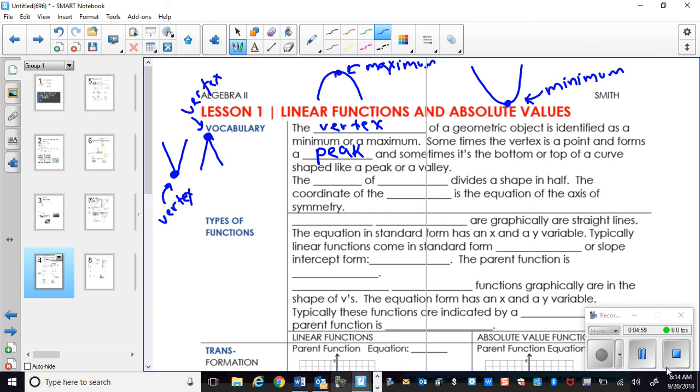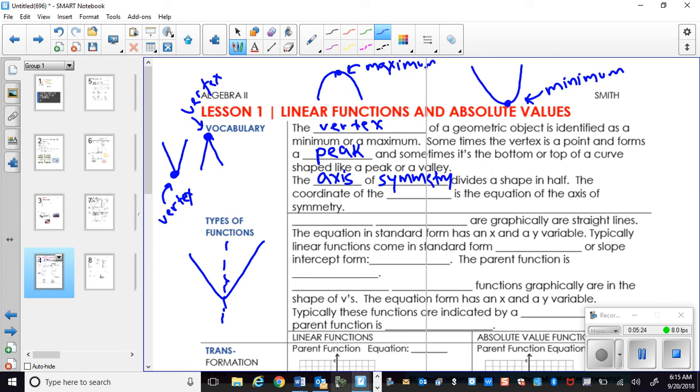Okay? So when you look at the object and it's on a graph, you have something called an axis of symmetry. And basically what the axis of symmetry does is divide a shape in half.